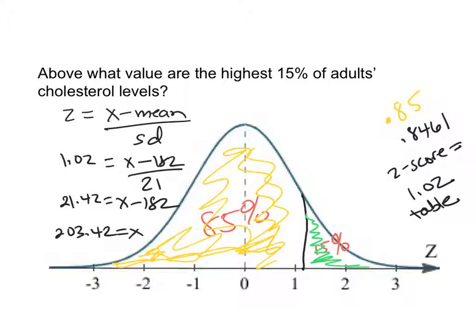It says to round to the nearest integer, so since I want the highest 15% of adults, I really want to go over this, so I'm actually going to round this up to 204. So this value right here will represent 204. It's slightly over one standard deviation because remember your mean is 182 right here.